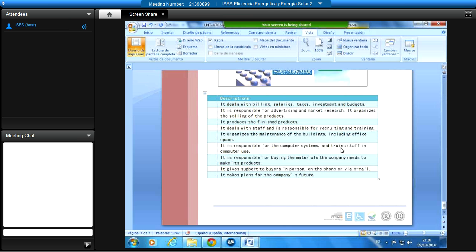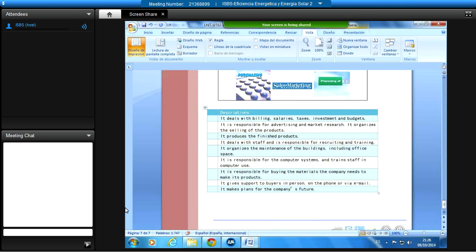For example, if you say, it deals with billing, salaries, taxes, investment, and budgets. What are all these words? Billing. Human resource. Okay. Billing, well, not really. Billing, you know what billing is?